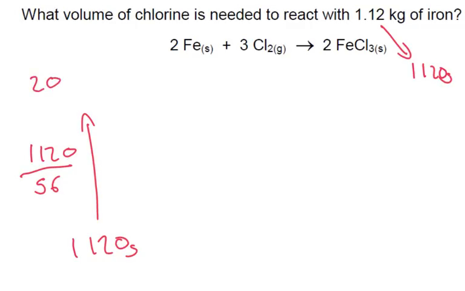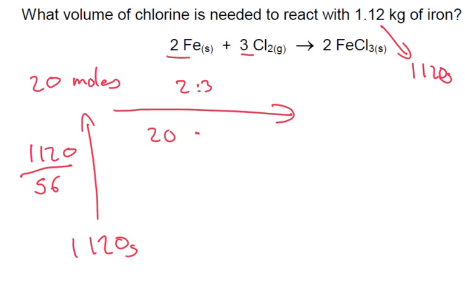Now, if we look at the ratio, it's a 2-to-3 ratio. So 2 to 3. So we're going to do 20 times by 3 divided by 2. So 20 divided by 2 times by 3, and we get an answer of 30.